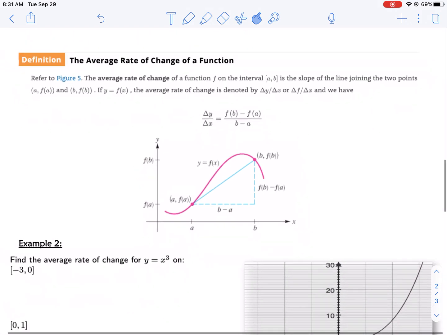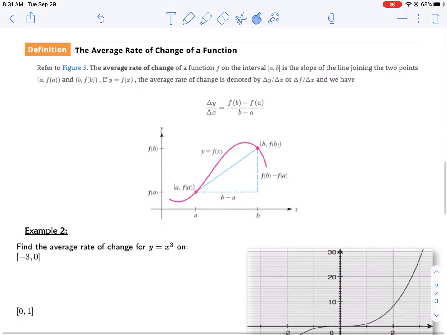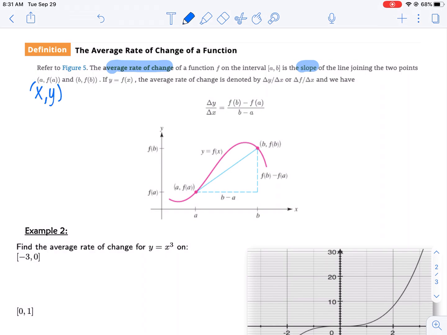Let's try another one. The average rate of change of a function. Looking at this figure, the average rate of change is the slope joining the 2 points a, f of a, or in other words, x, y. Maybe I'll do x1, y1, and the point x2, y2.